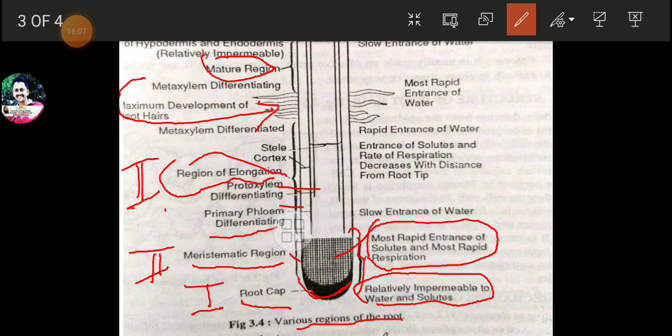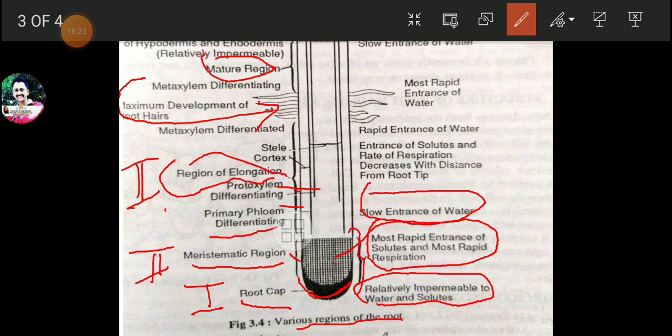Above that, we will find a slow rate of absorption, in the primary phloem differentiation and proto-xylem differentiation, meaning the region of elongation, where there is slow entrance of water.